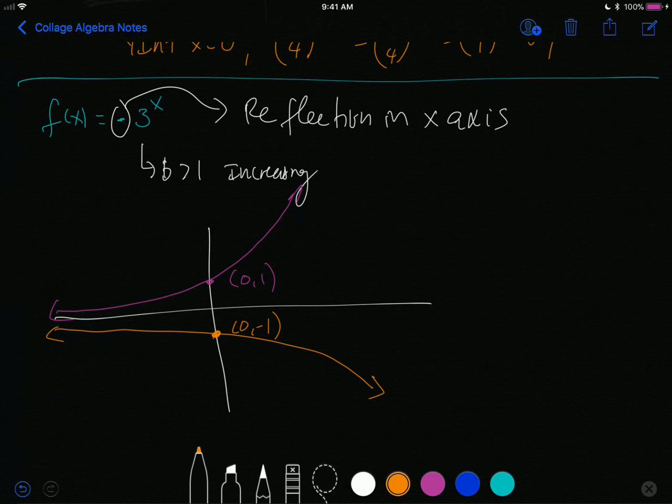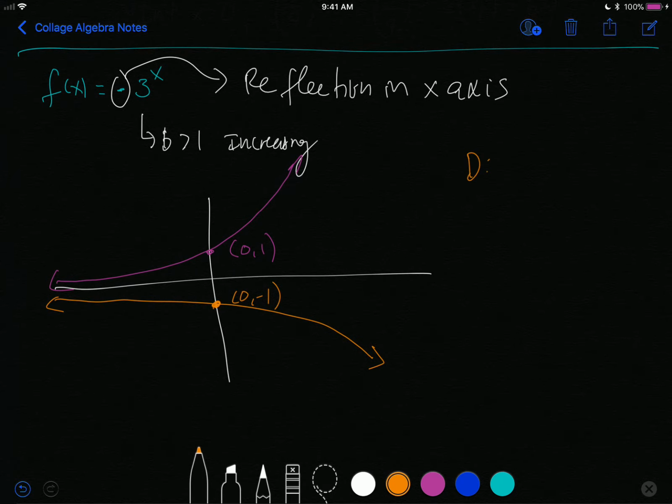Well, my domain is still negative infinity to positive infinity. Hopefully by now you've noticed that the domain never changes. The domain for every exponential function of any type will always be all real numbers. The range, on the other hand, has now changed.